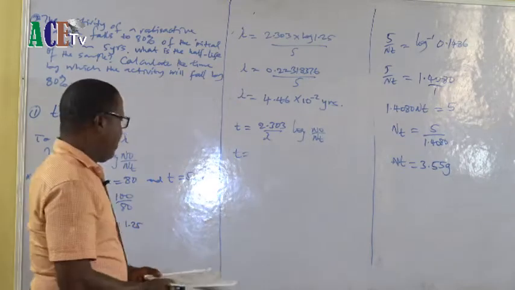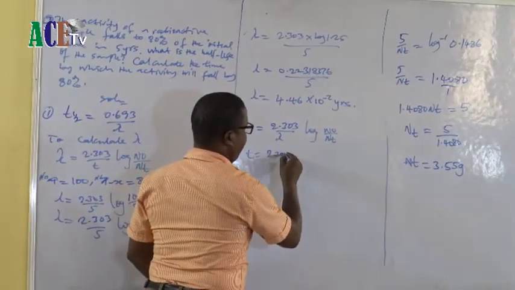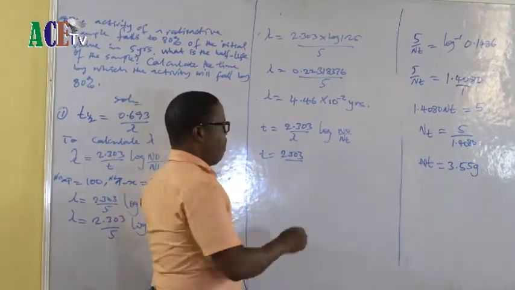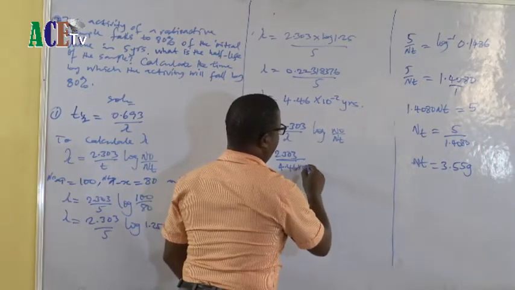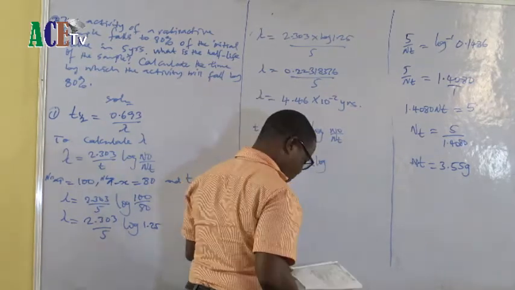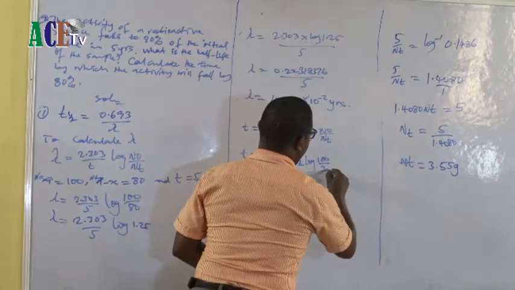So our T is equal to 2.303 over lambda, and lambda is 4.46 times 10 raised to the power minus 2. Then log of 100 all over 20.